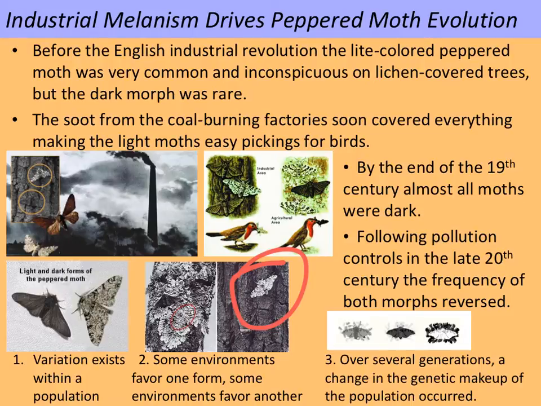He put out equal numbers of marked dark and light forms, in two different environments: one away from industrial pollution, and the other within. Then he counted all the marked moths that were still around. It showed that the dark individuals seemed to have higher fitness in an environment where all the tree bark was dark.